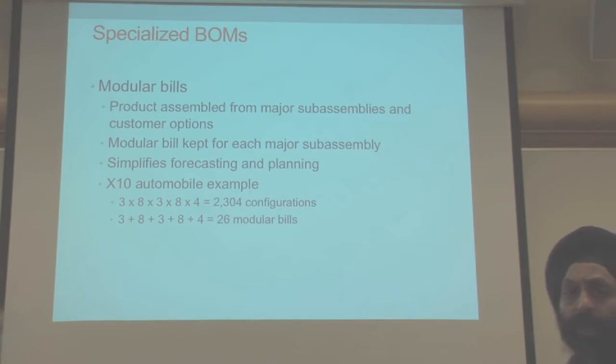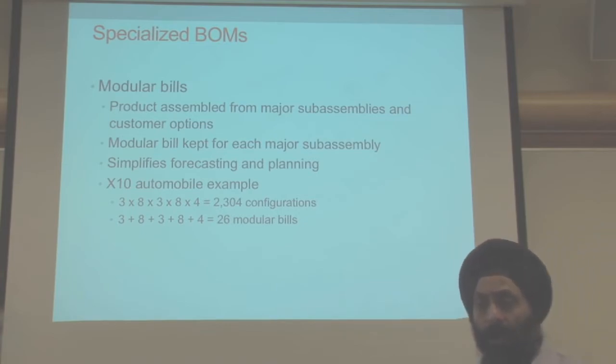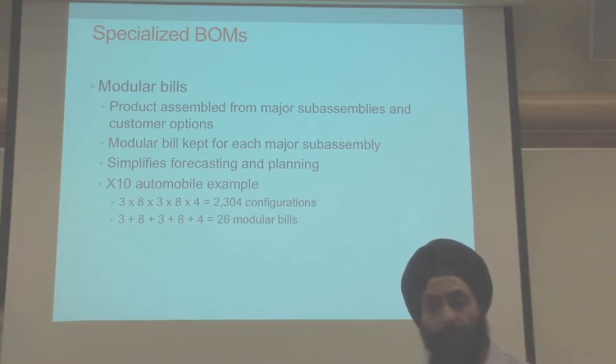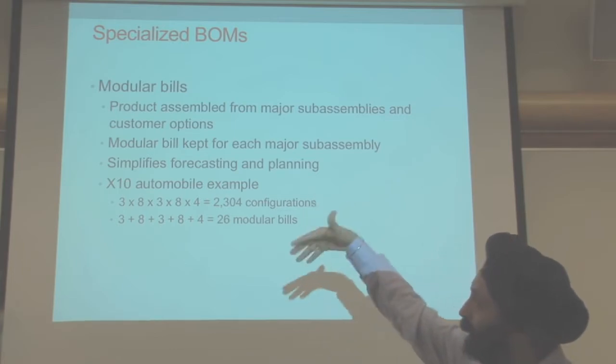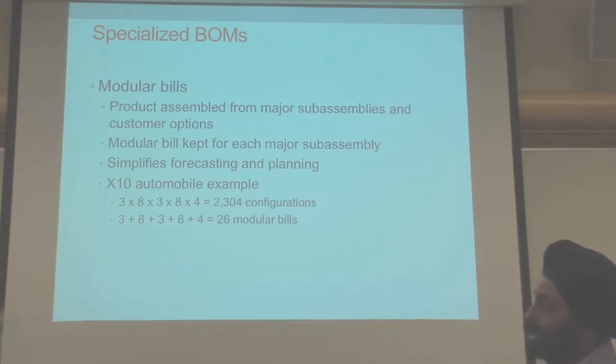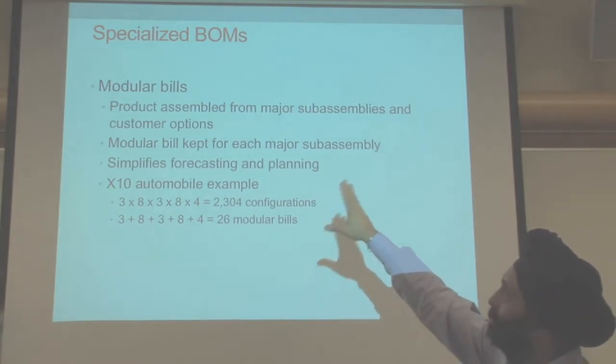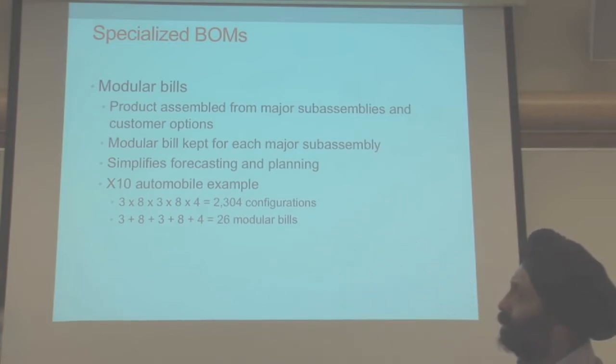Same thing with the fast food industry with value meal number 1 or 2. The options remain very little in terms of what can be added or what can be subtracted. And so that's where modular bills will become very handy. So in this case, a product assembled from major sub-assemblies or customer options.